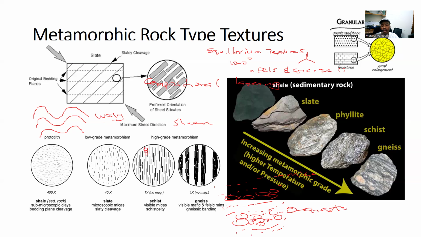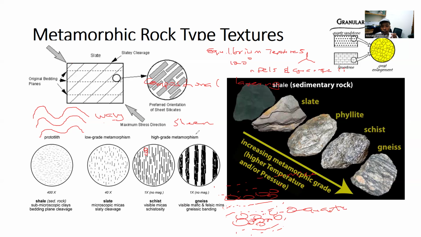That's what you see in the schist, showing what you call the schistosity, which is why we're saying visible micas. We have the micas now, and you are able to see them with your naked eyes.